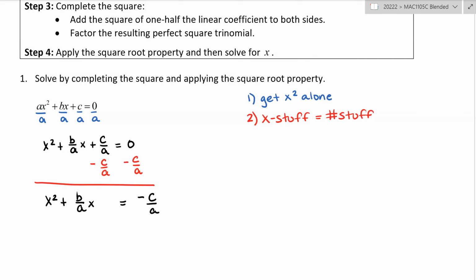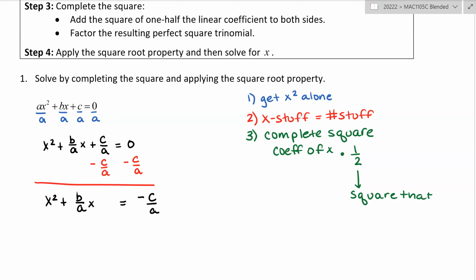And then to complete the square, this is all set up. This blue and red step are set up, but now we're going to actually complete the square. So when you complete the square, you take the coefficient of x, and we're going to times it by 1/2. And then once we get that number, we're going to square that number.